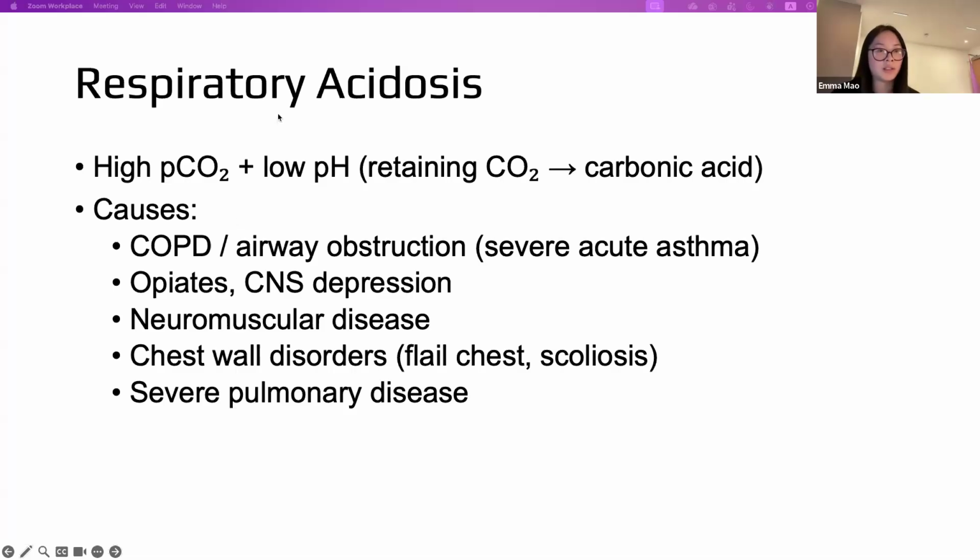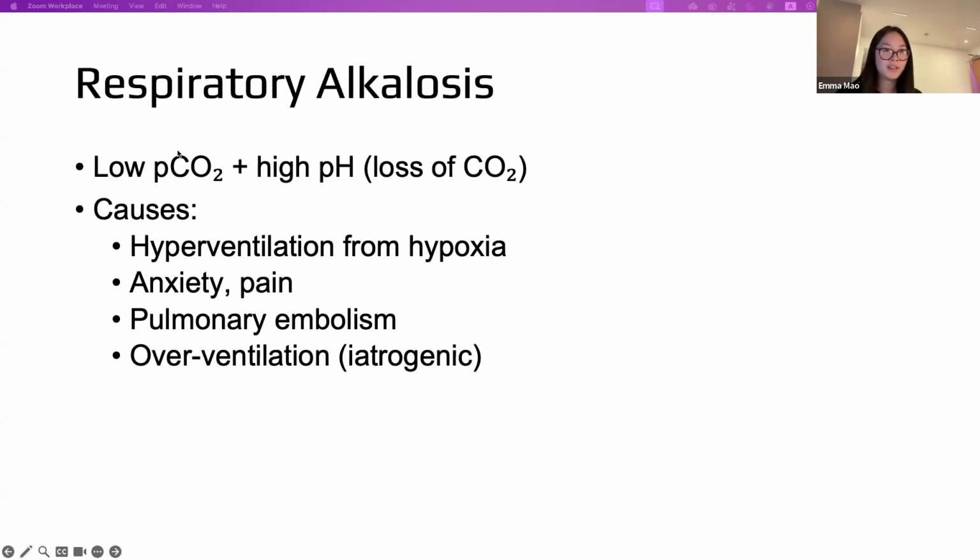There is also respiratory acidosis in neuromuscular disease, chest wall disorders, and severe pulmonary disease. So just cases where you're not expelling the CO2.